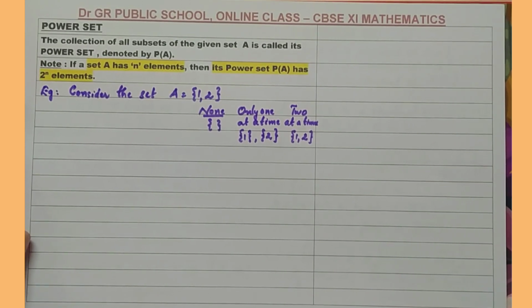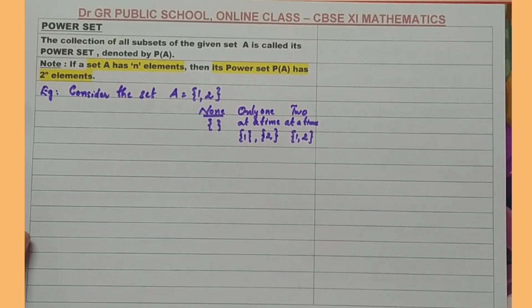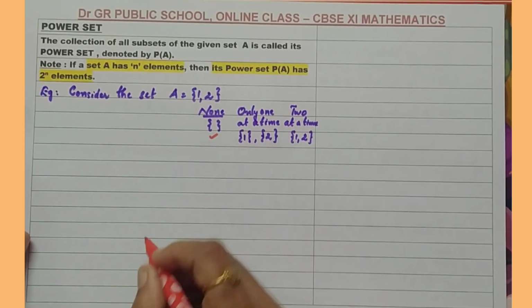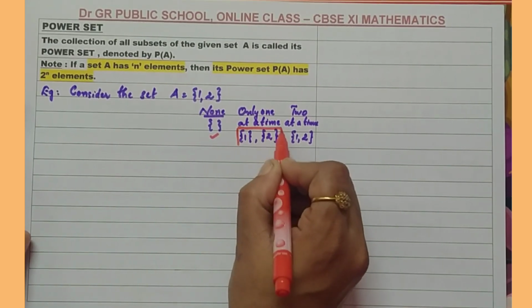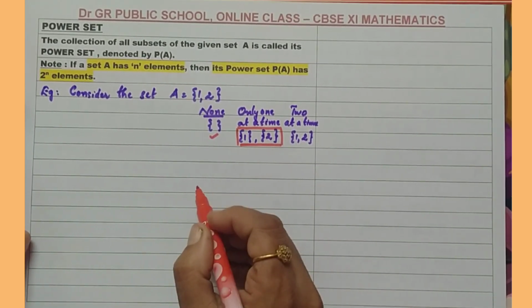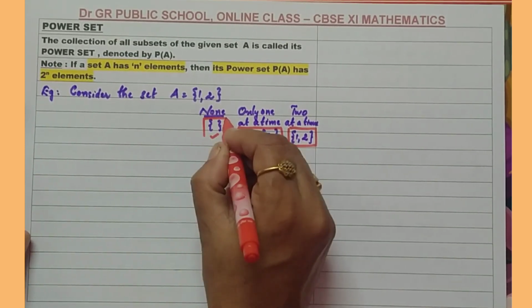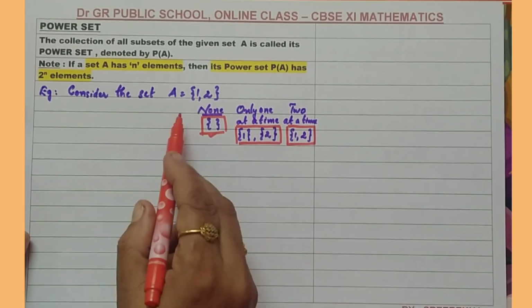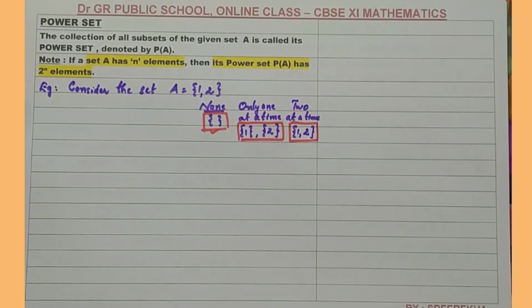So, the possible collection is either you can take the empty set or the null set. The second is only one at a time, which means the set {1} as well as {2} you can take. Two at a time means the set {1, 2}. So, these are the possible collection of sets you can form from the given set A equal to {1, 2}. Now, I am going to write the power set.